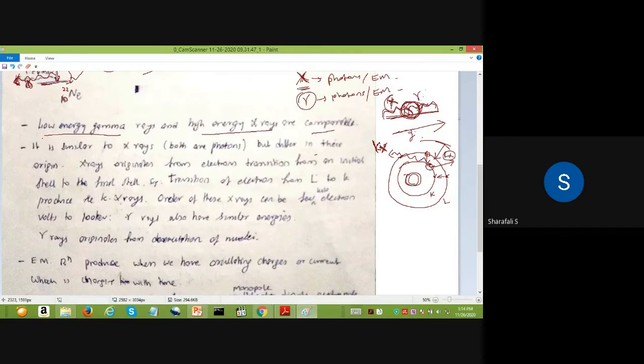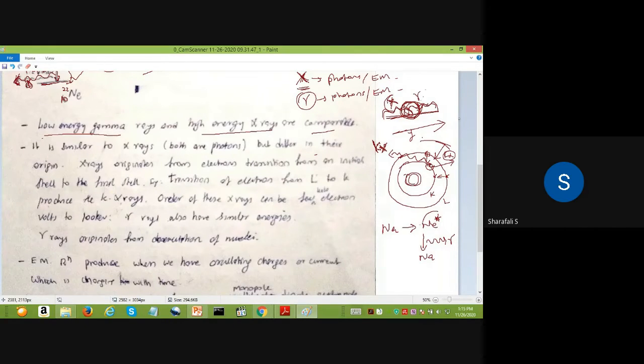But gamma rays come from the excitation of the nucleus. It is not from electrons; it is coming from the nucleus. As I said in the previous case, for example, when sodium goes to neon, this neon ends up in an excited state. It will not be in the ground state. It will come into the ground state by emission of gamma radiation.